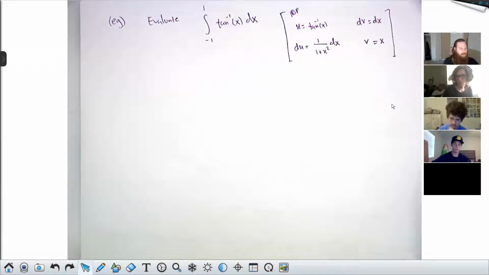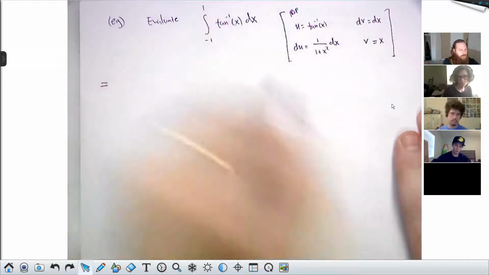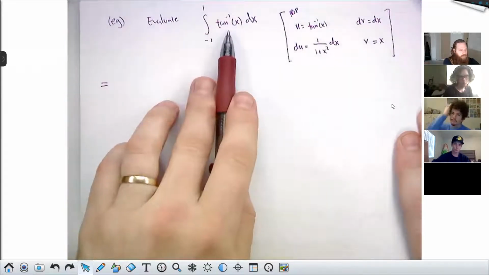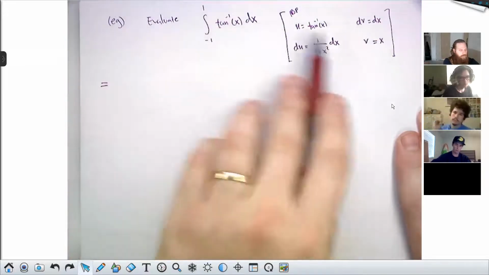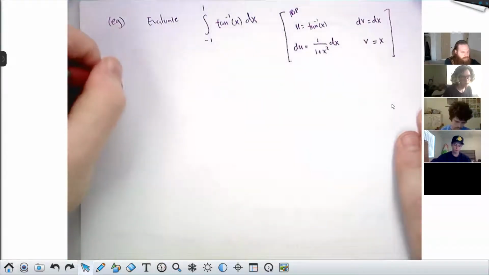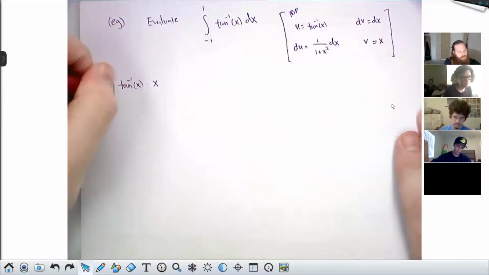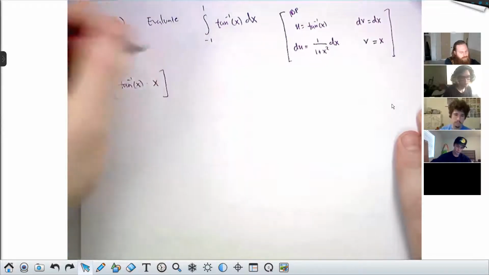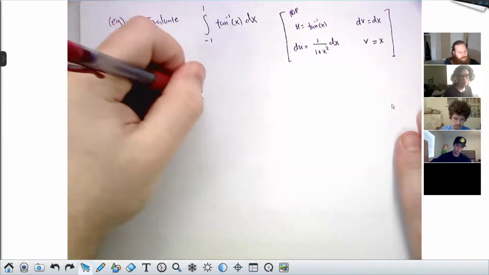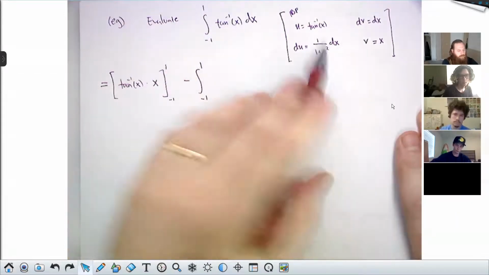All right then. So what we do now is follow our formula. The integral of u times dv is equal to u times v, so that's the inverse tangent of x times x. But since this is a definite integral, this piece needs to be evaluated between bounds, minus the integral, again between the same bounds, of v times du.